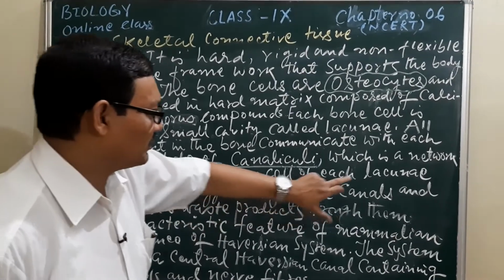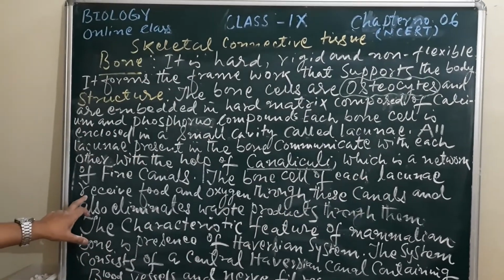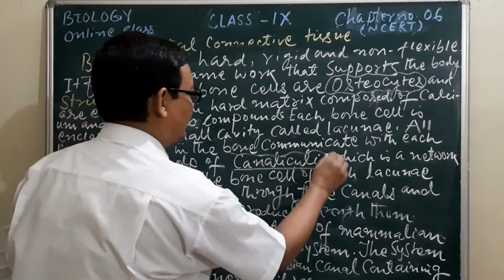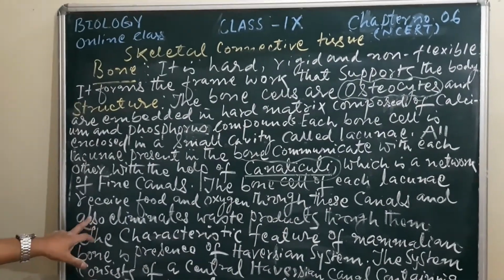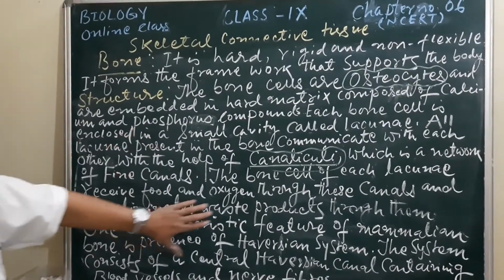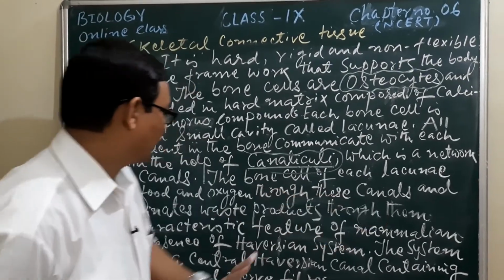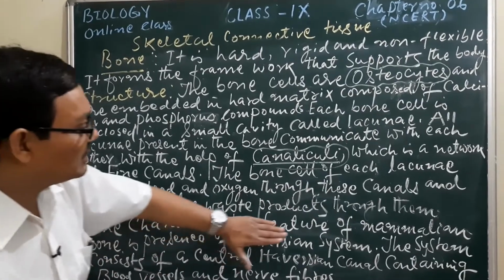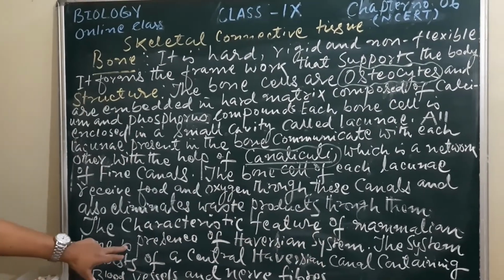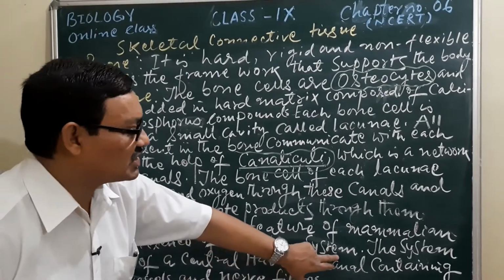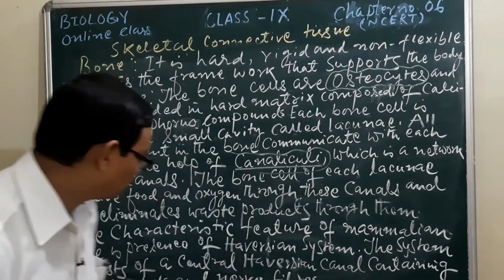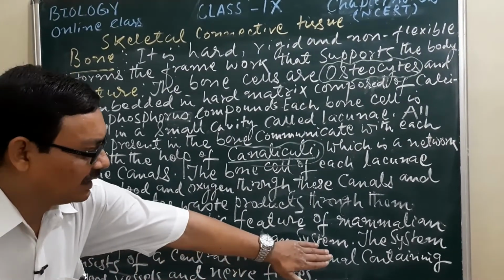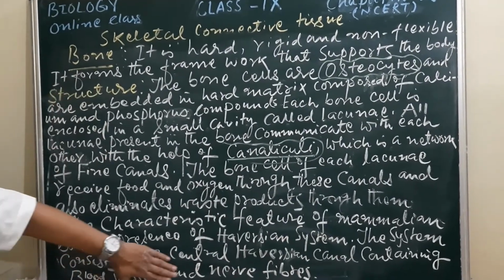The bone cells of each lacunae receive food and oxygen through these canals, and also eliminate waste materials through them. Another characteristic feature of mammalian bone is the presence of the Haversian system. The Haversian system consists of a central Haversian canal containing blood vessels and nerve fibers.